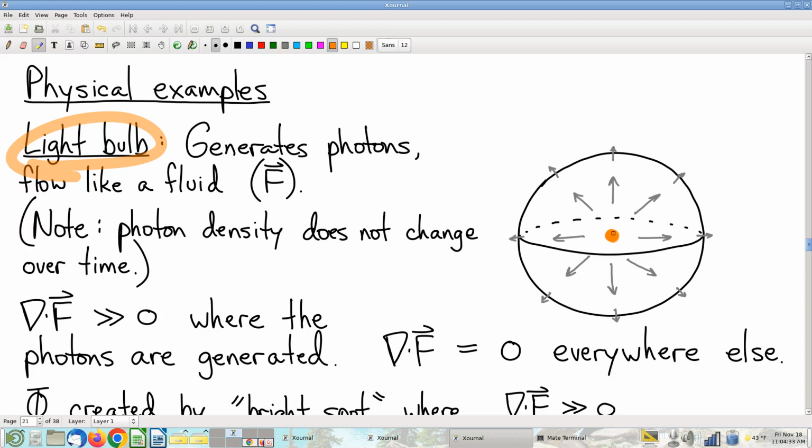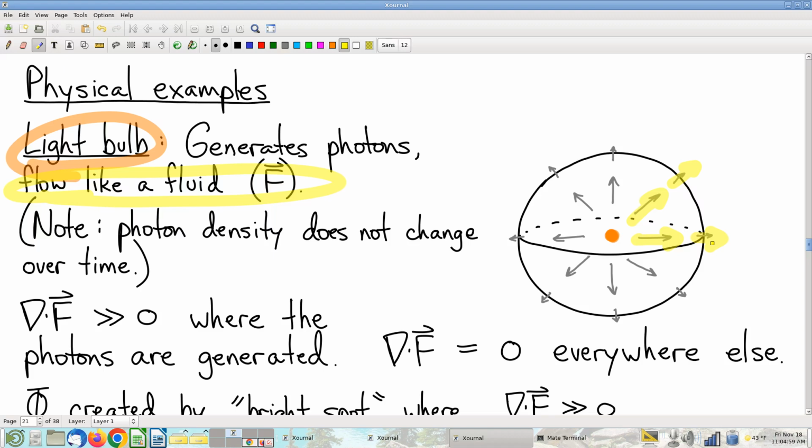So talking about a fluid of photons is a perfectly reasonable thing, and no surprise, those photons flow outward away from the light bulb, and the arrows are longer the closer you are to the hot spot, and they're shorter as you get further away.